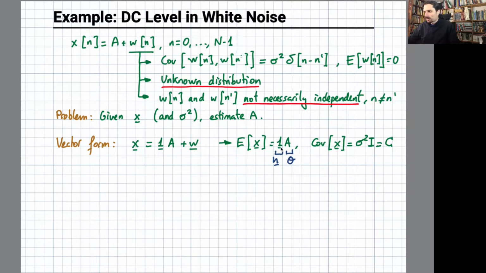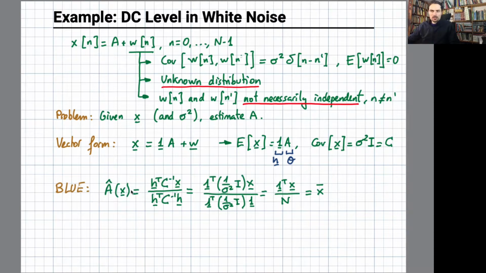So 1 will play the role of H, and A will play the role of theta, okay? And the covariance, just by using this expression, is clearly sigma square I, okay? And therefore, this will be our C. We see that the second assumption also holds for that specific C, okay?